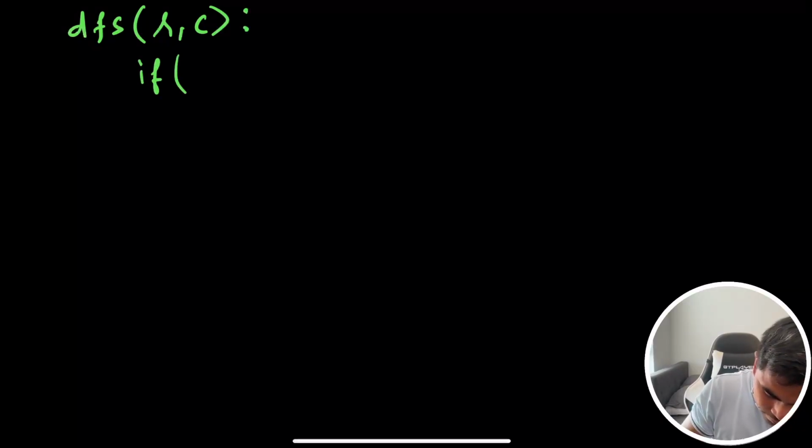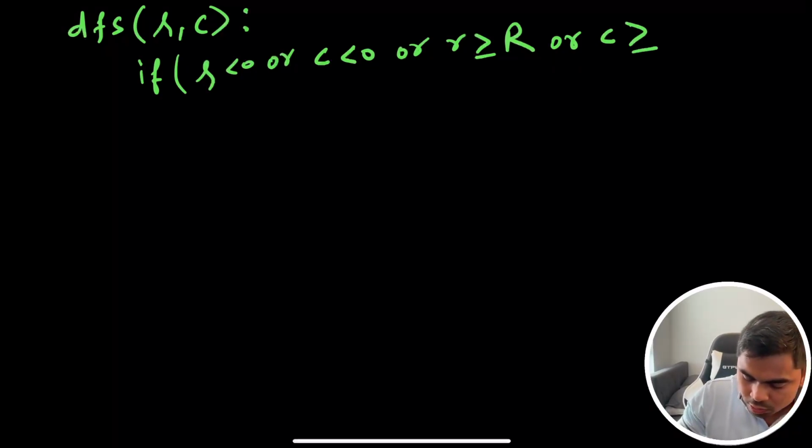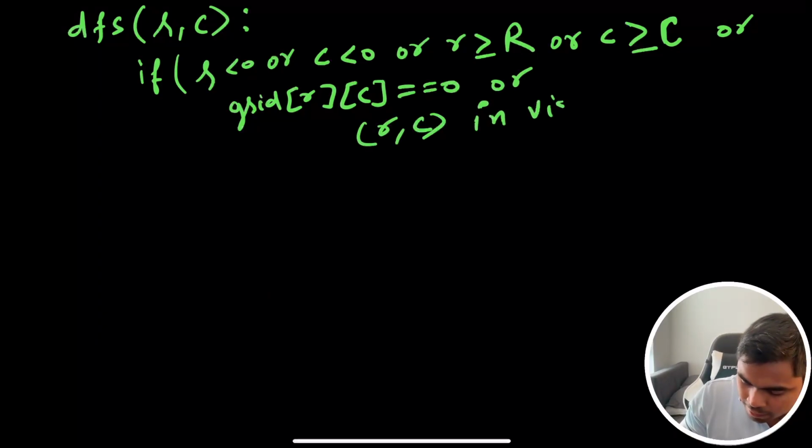If row is less than 0, or column is less than 0, or row is greater than or equal to R, the number of rows, or column is greater than or equal to C, the total columns, or grid value at R and C is equal to 0, or this R and C is in the visited set.